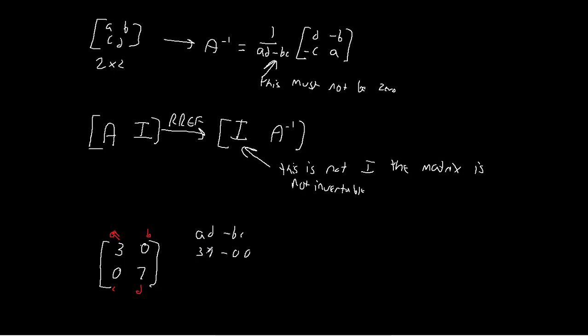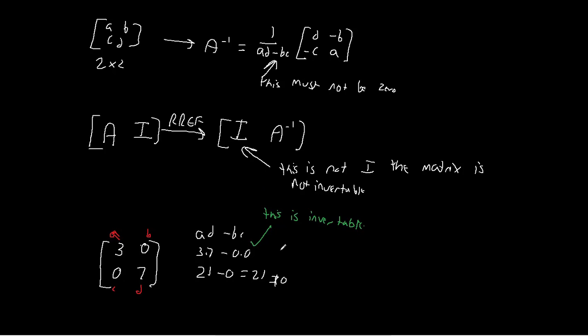If we explicitly do the multiplying, that's 21 minus 0 equals 21. So this is obviously not equal to 0, so we're good there. We can move forward. We have a check. This is invertible.